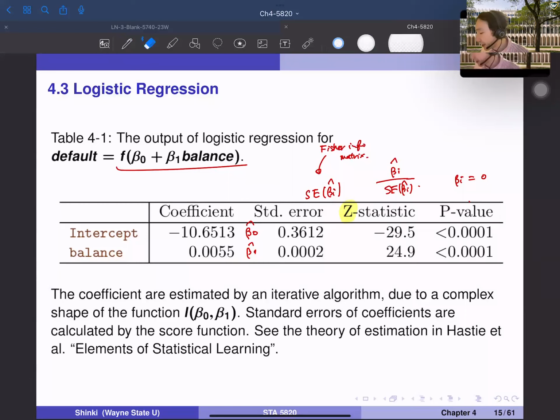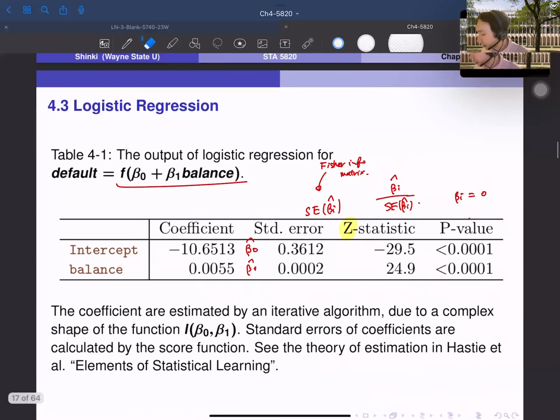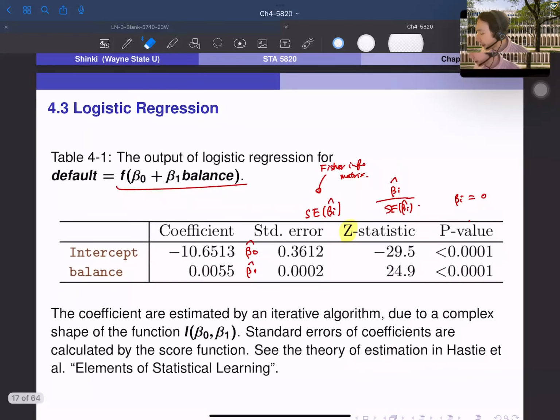Because in linear regression, this ratio follows a T distribution, so that's why we say T statistic. But here, everything is by asymptotic theory, and we don't really have any reason that this follows a T distribution.